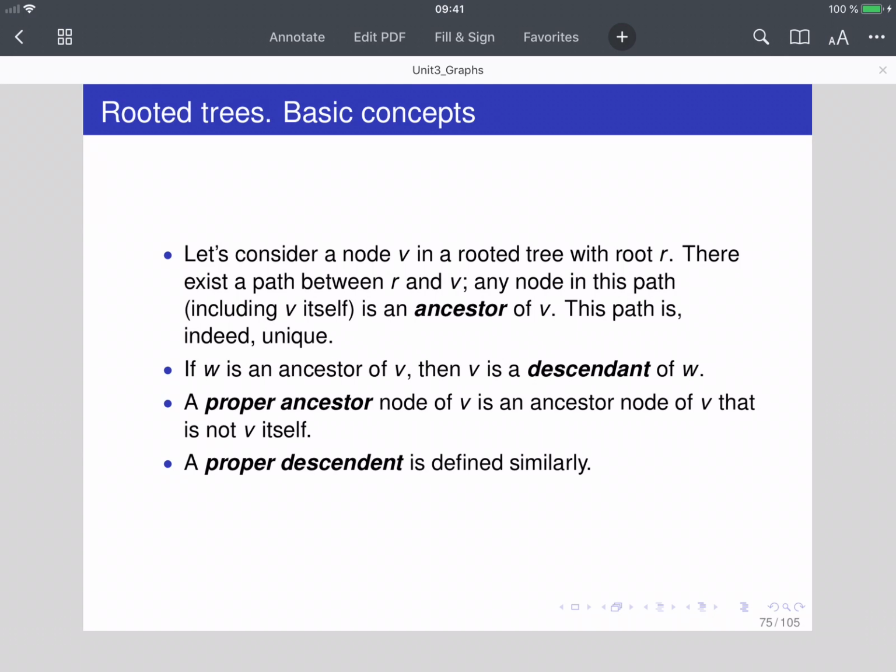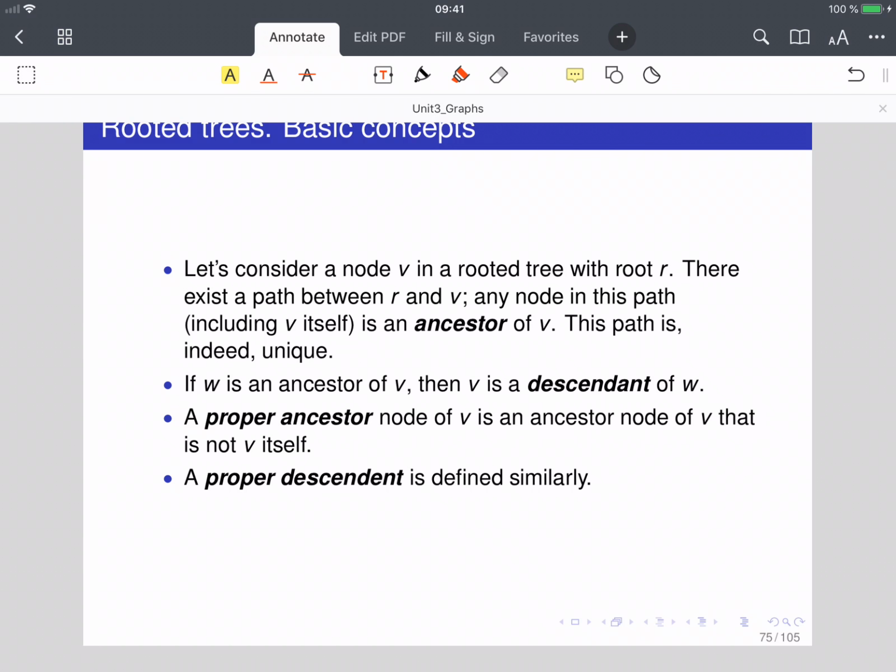Because you know that we can have a genealogical tree with the different members of a family and who is the father of whom or the mother of whom, and these names are adopted in the theory of rooted trees.